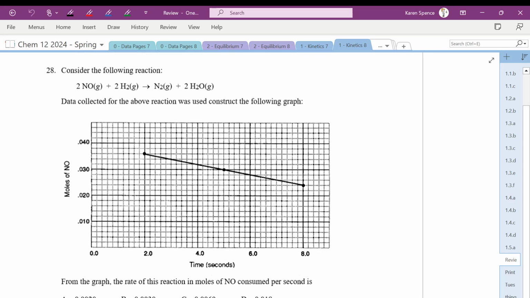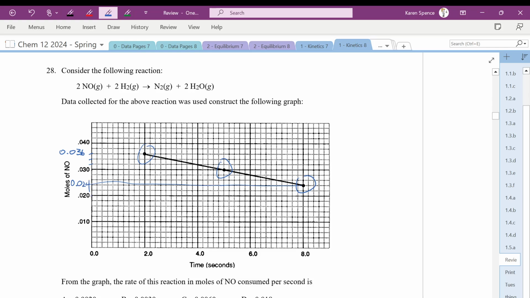Okay, so here we have a graph, number 28, and we need to find the rate of the reaction. I would use any two of these points to figure it out. So I would look at that and I would say this is point 0.036, and this one here is 0.024.